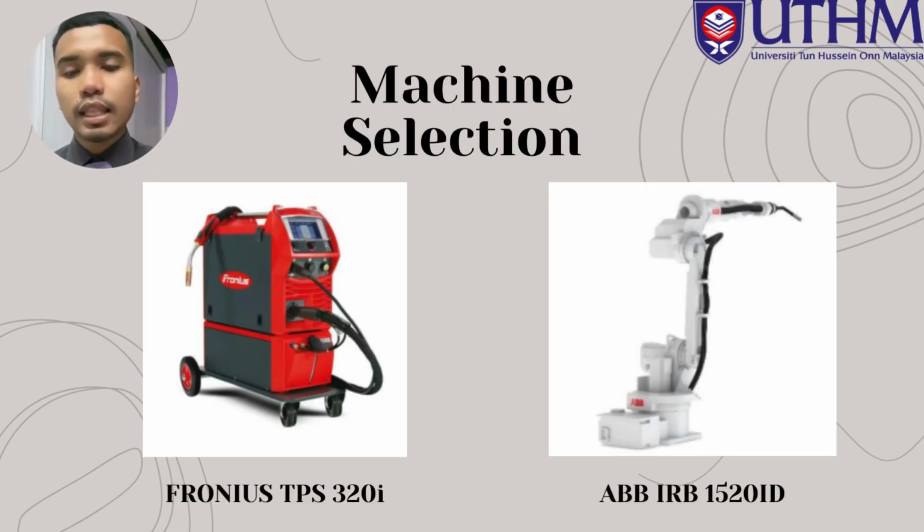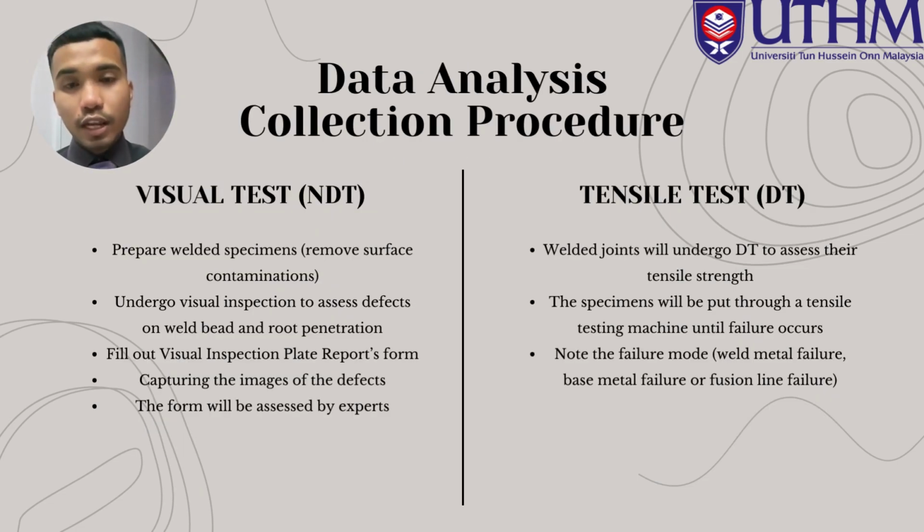For the machine selection for my study, the first one is Fronius TPS320i. This is the welding machine for the robotic welding process, and the robotic system itself is RIB1520ID.